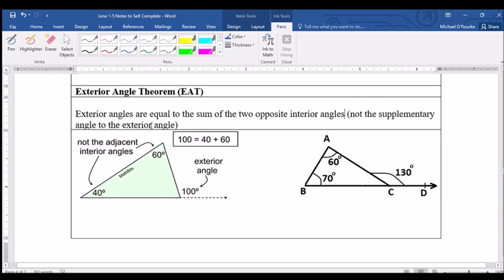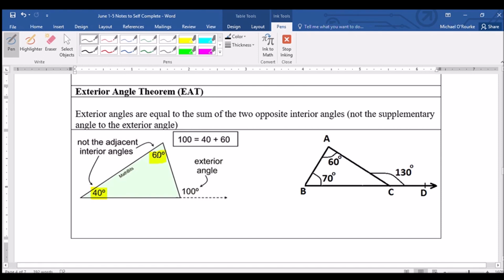Okay, so not the supplementary angle, but the two other ones. So in this case, this angle plus this angle equals this angle. So 60 plus 40 equals 100. I'll show you the math of it, because once you see the math, it kind of makes sense.